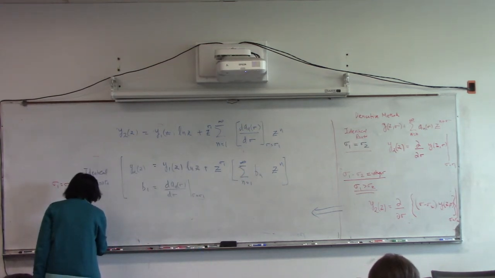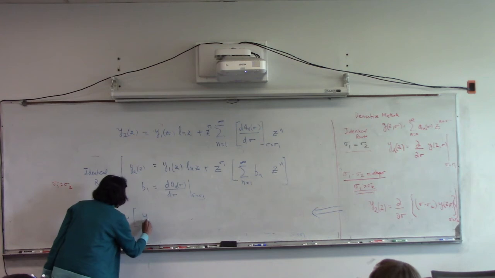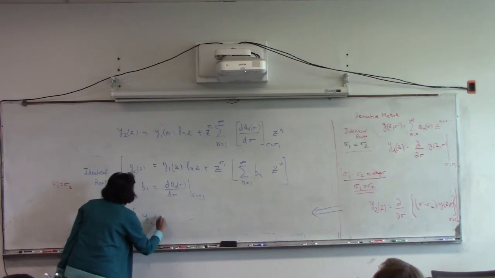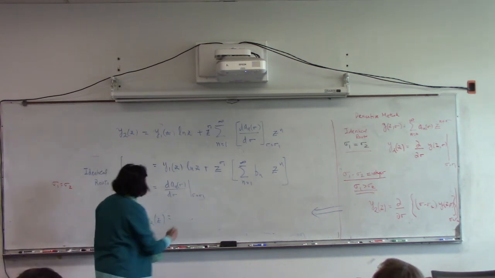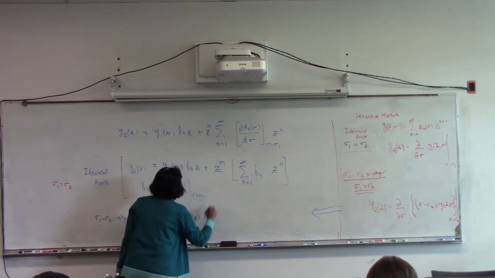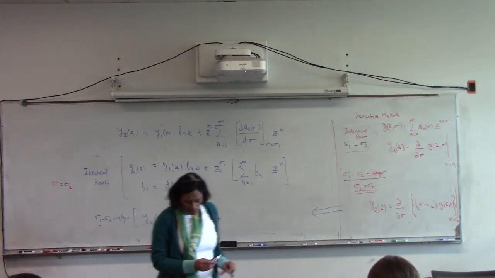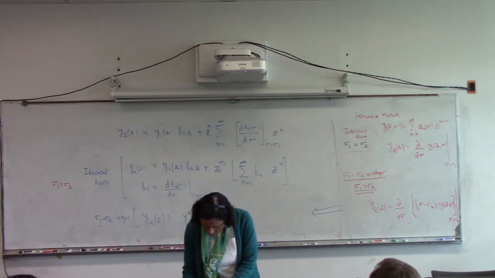For the case sigma 1 and sigma 2 differing by an integer, the second solution will again be of this form. The first term will be like this, except the second term will be a series, except how you evaluate the coefficient Bn is different.